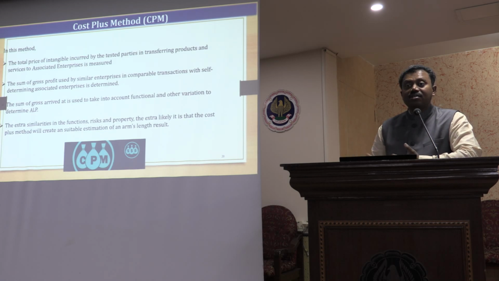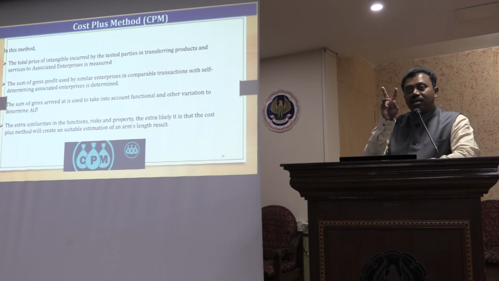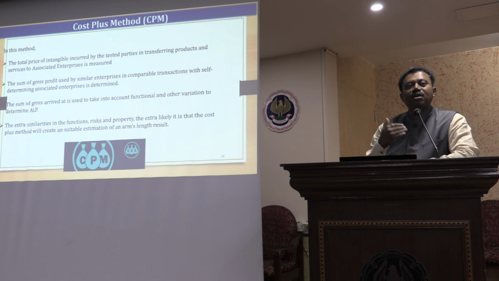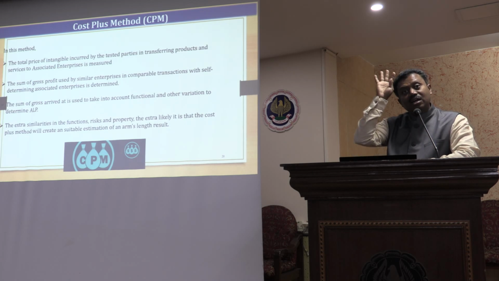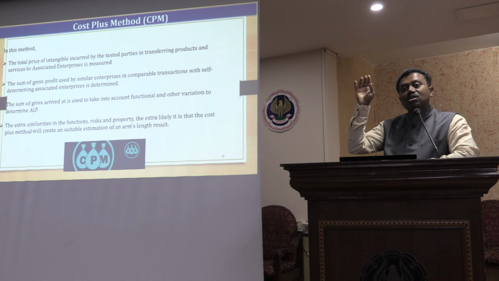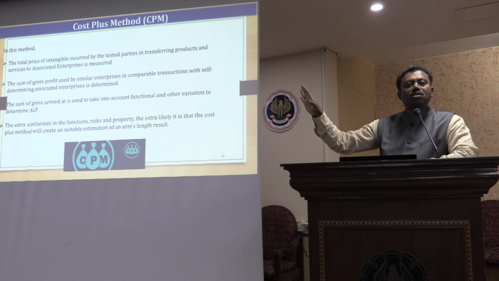There is an effort that goes into creating a database. It is not easy. So you will take those numbers and then compare the gross profit margin between two companies. Come to the GP margin of your company and then see, okay, am I near that or am I equal to that? We'll come to how near, how far, later, but we are trying to compare at the gross profit margin level. That kind of comparison comes in the cost plus method.